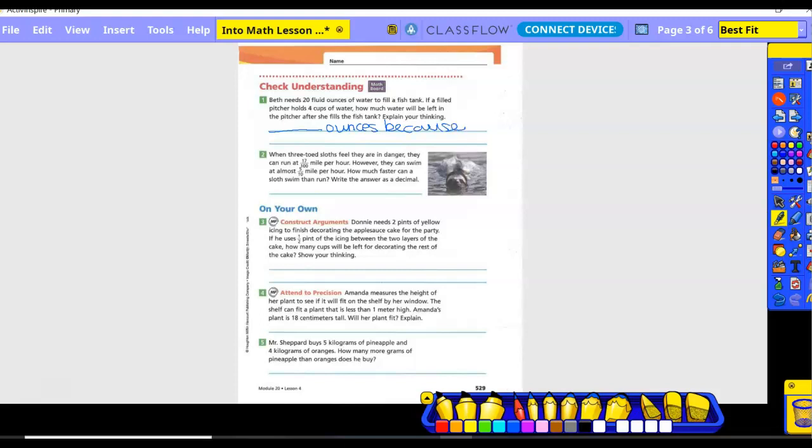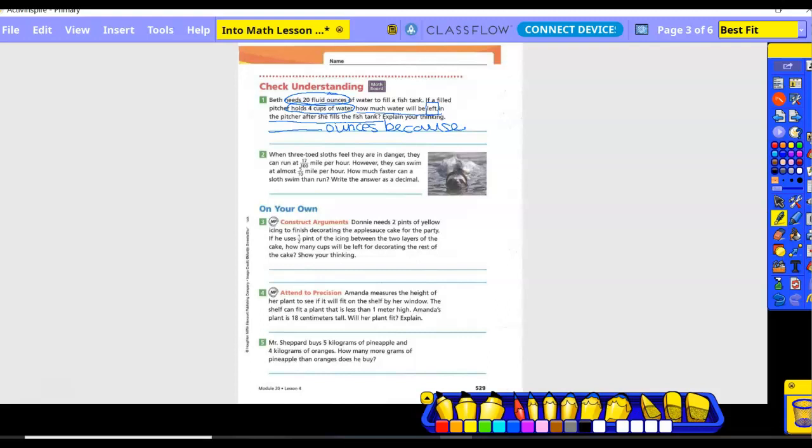So what am I going to have to do first? She needs 20 fluid ounces, and she has a pitcher that holds 4 cups. What word do I need to put in a box to let me know if I'm adding, subtracting, multiplying, or dividing? Left, right?